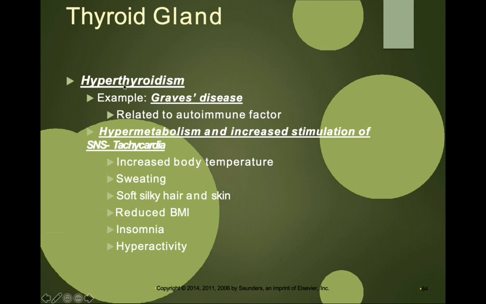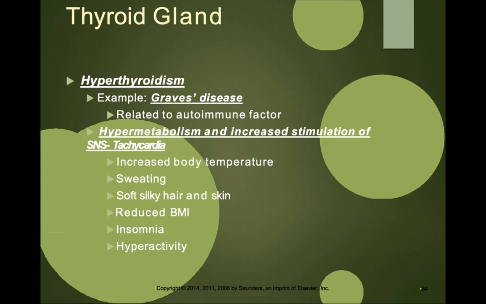An example of hyperthyroidism, hyperactive thyroid, is Graves' disease, and this is an autoimmune related disease. There's hypermetabolism and increased stimulation of the sympathetic nervous system, so they get a very fast heart rate, tachycardia.